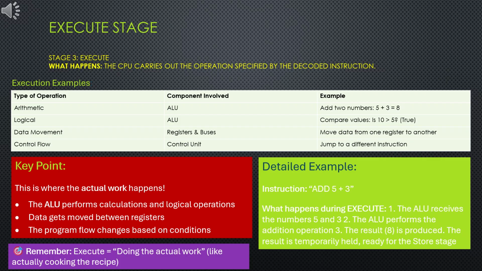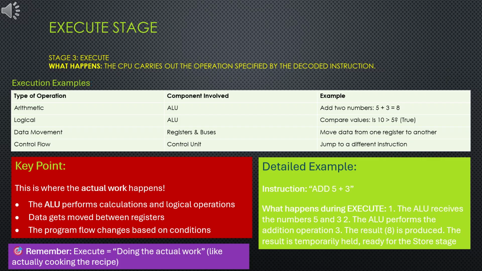Let's look at our add 5 plus 3 example. In this execution stage, the ALU received the numbers 5 and 3. The ALU performs the addition operation itself. The result 8 is produced and held temporarily in a register. The transition.